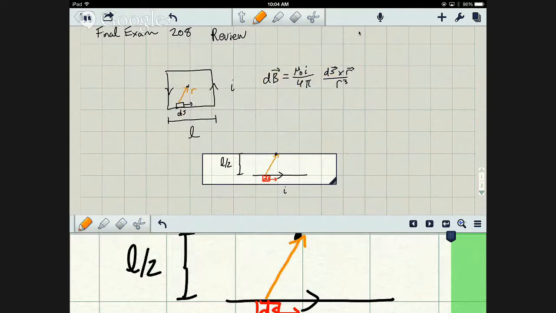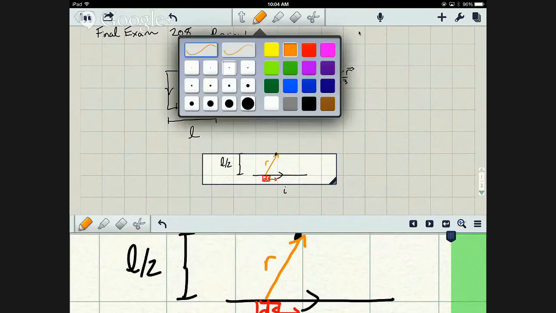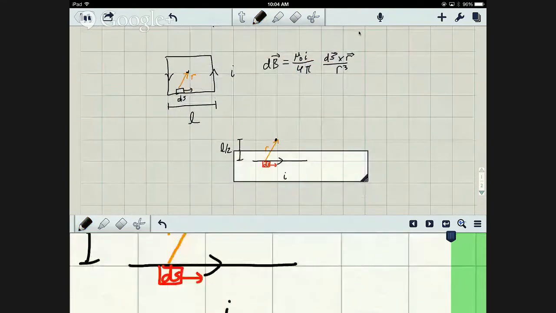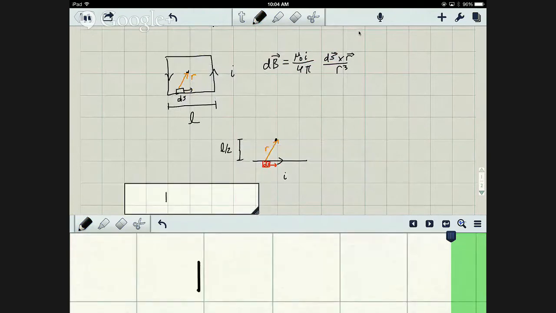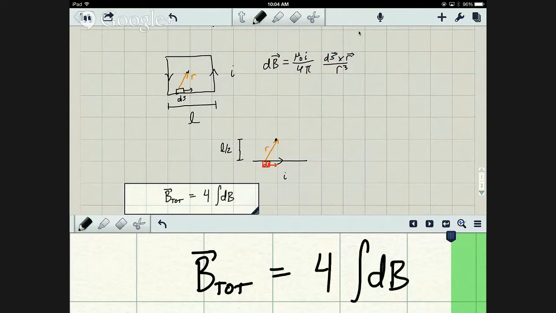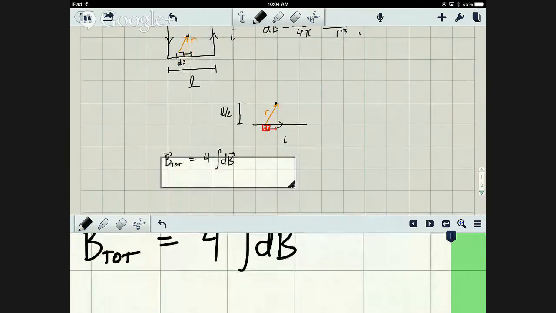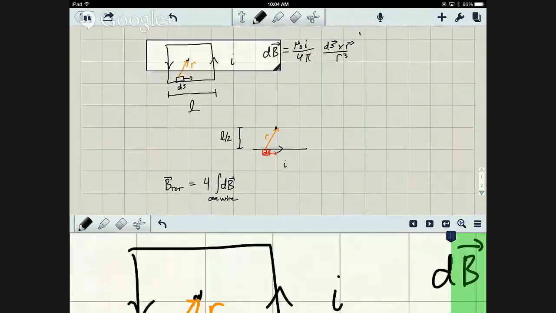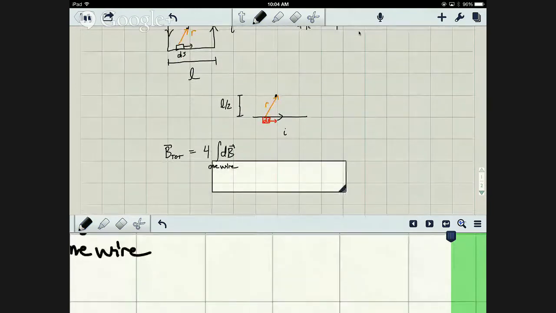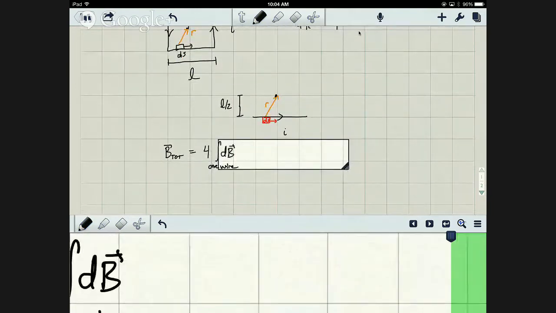This is r. What we're going to do is write Ampere's principle for this piece of wire, where B total is going to be 4 times the sum of dB over one wire. I've broken this up into 4 parts, 1, 2, 3, 4 wires, but they're all going to give the same contribution.